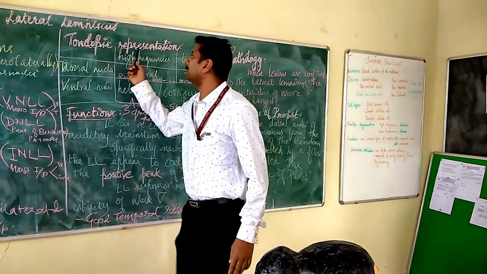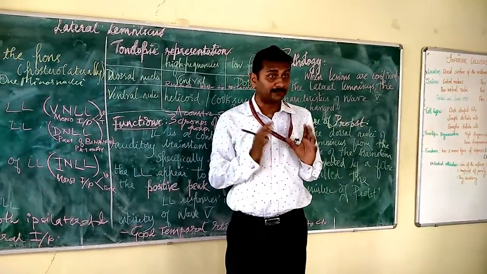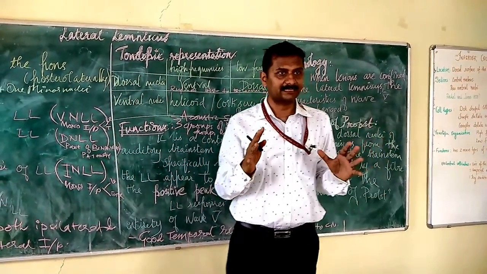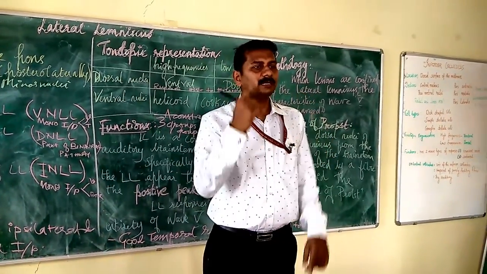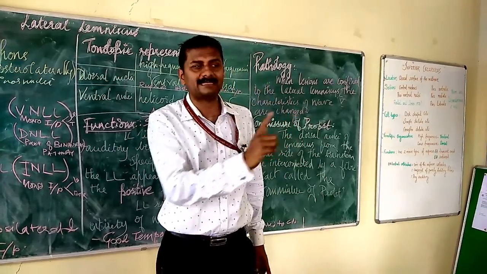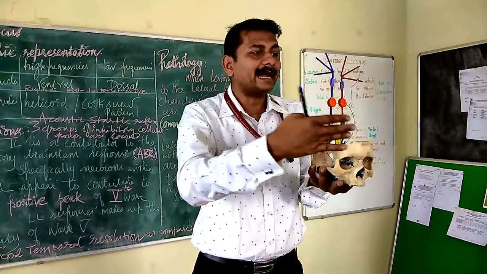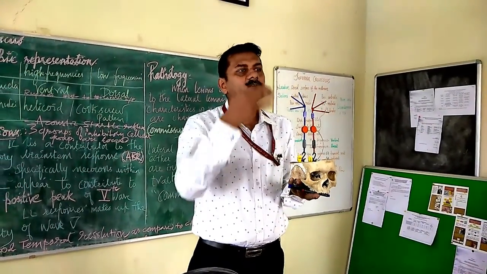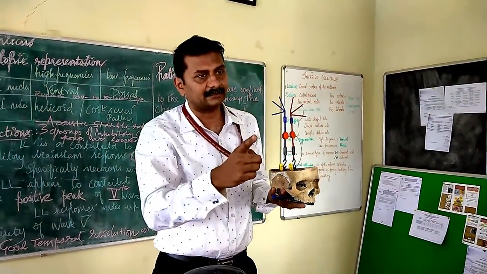The tonotopic representation of the lateral lemniscus. One thing to be remembered well is that it does not have very good frequency representation. Okay, we have a set of excitatory cells and we have a set of inhibitory cells. Correct? Fine.